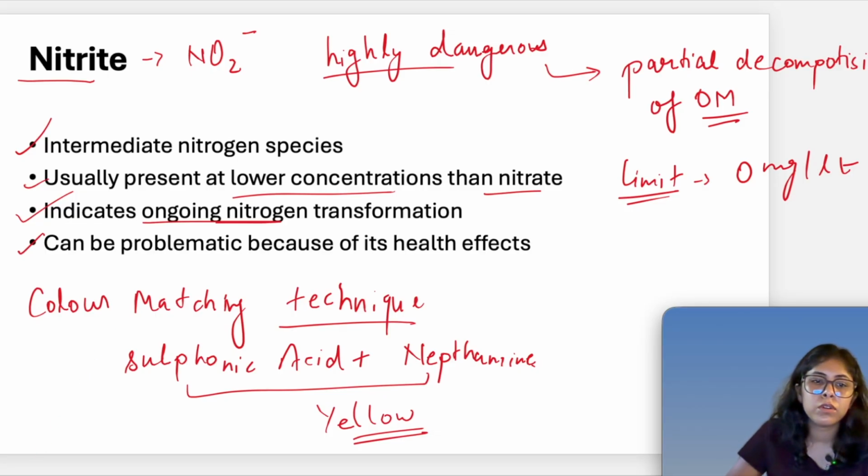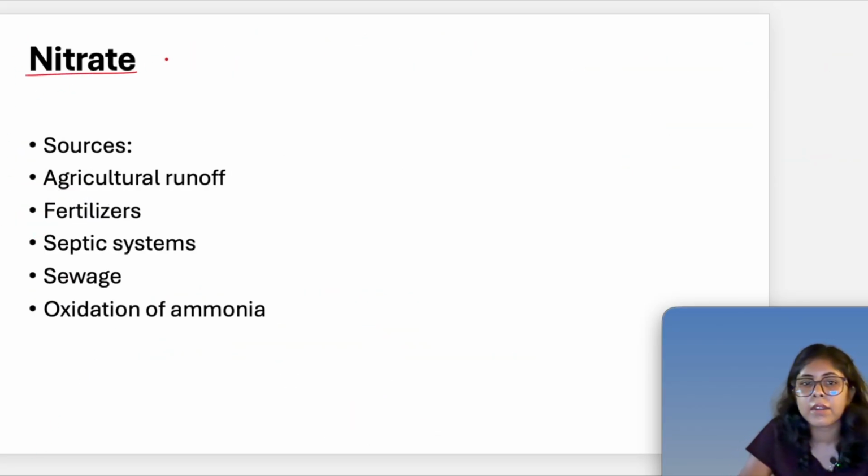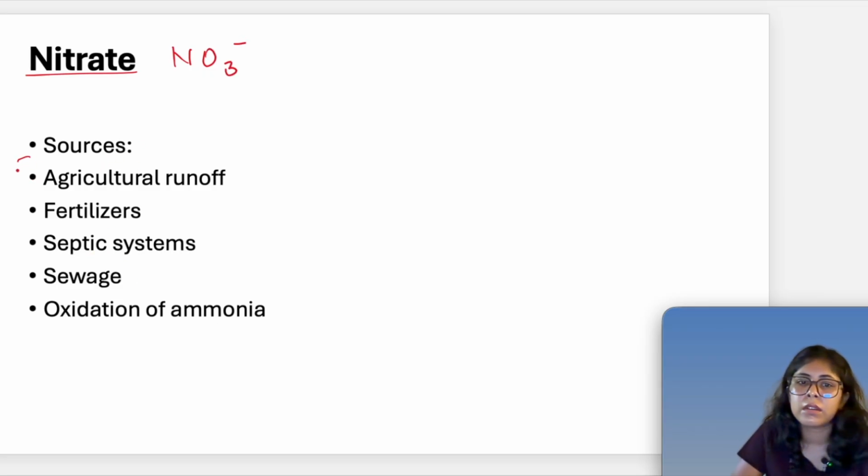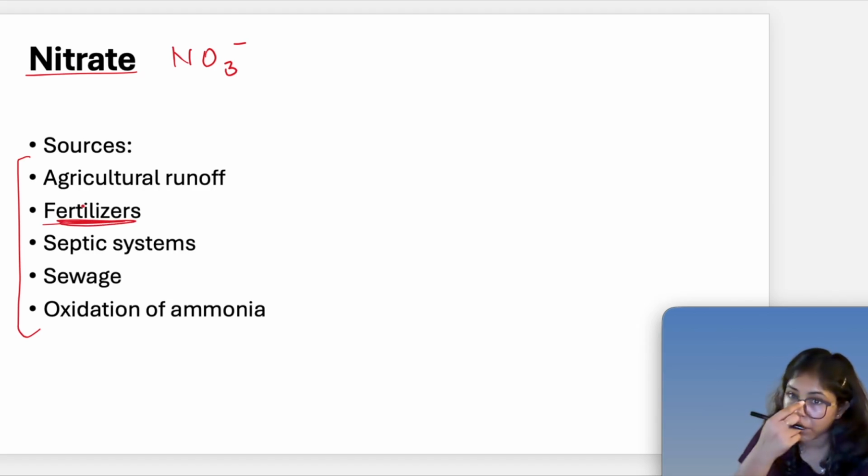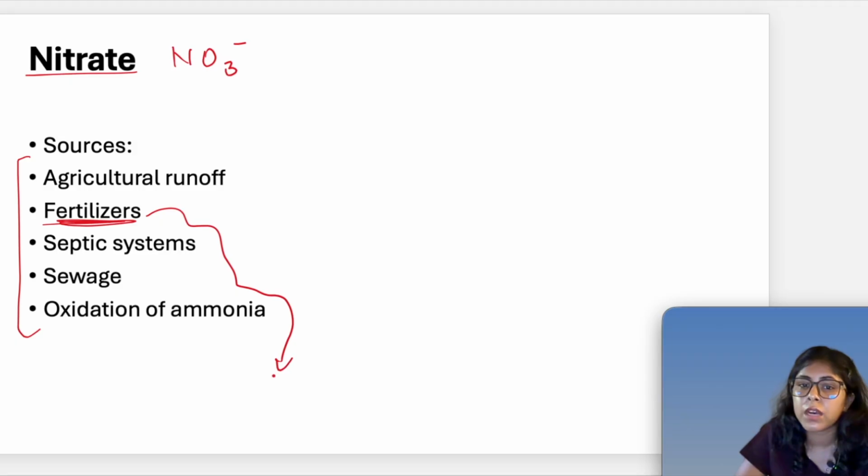Now let's move on to nitrate, also denoted by NO3 minus. The main source is fertilizer. Nitrate is a very important fertilizer, used on soils, and from soils it penetrates into the groundwater. Fertilizers are a very common source of nitrates.